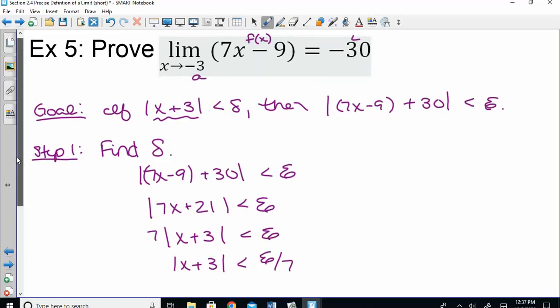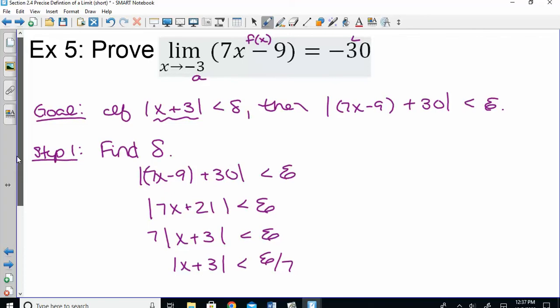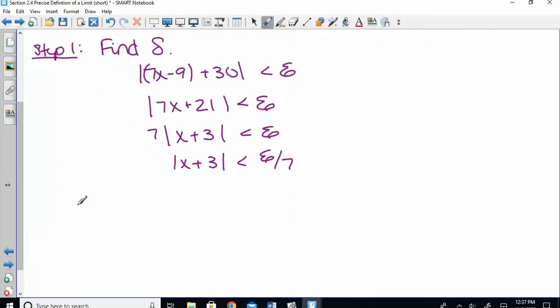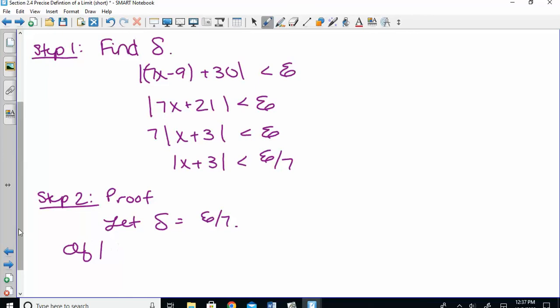So, that's the work we needed. Now we have our delta. So then we go into our proof. So we say let delta equal epsilon over 7. And then we write the definition.